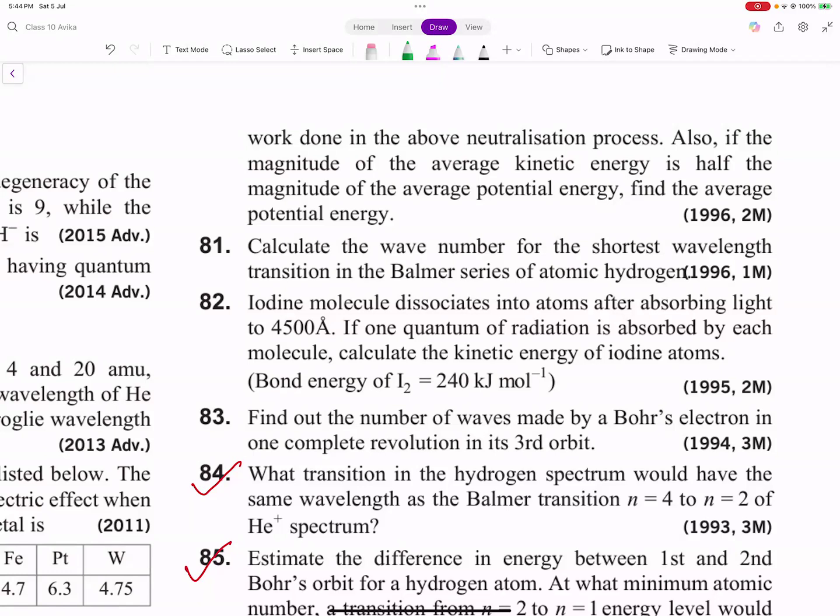Getting 364 nanometer. Shortest wavelength means maximum energy, right?